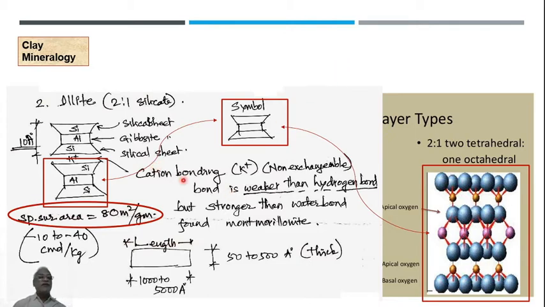So this is in between, right? That's why the earlier specific surface area, if you remember, was 15 meters square per gram. Now it is 80 meters square per gram. Obviously, a lot of surface forces will be coming into the picture.